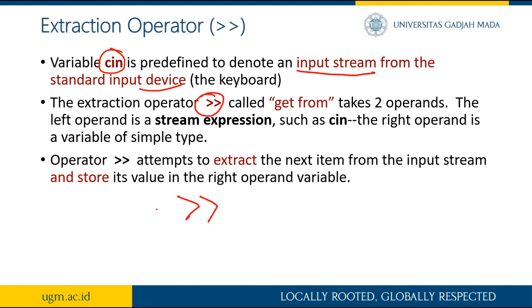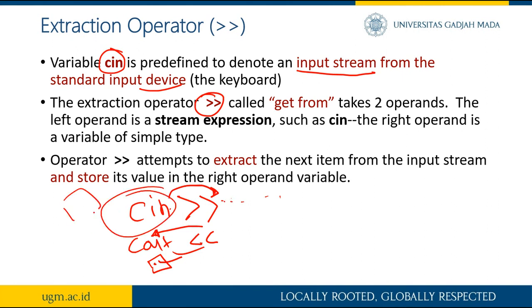If you notice, with cin the arrow points in this direction, but with cout the arrow is in the other direction. So cout outputs this onto the screen, and cin takes this into the program, like what is the result from the keyboard, we save it here.